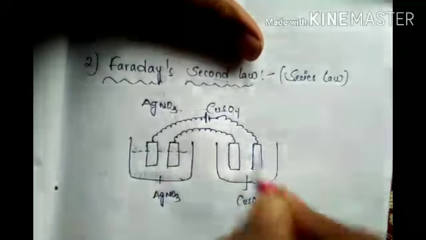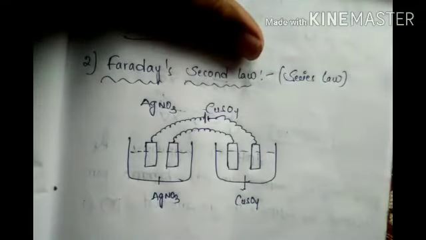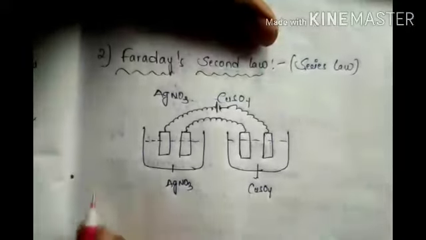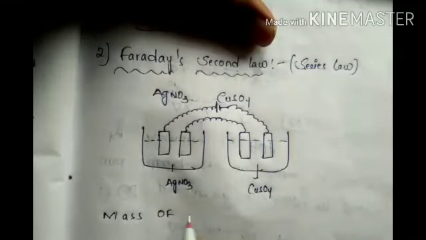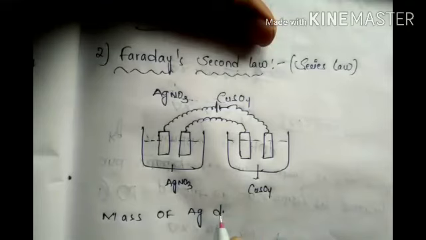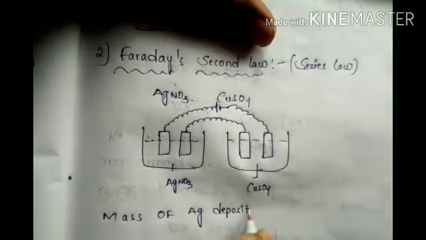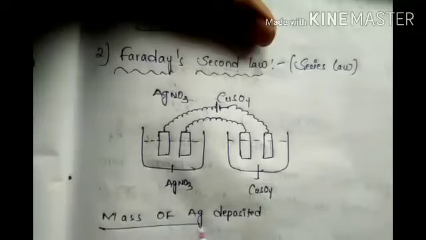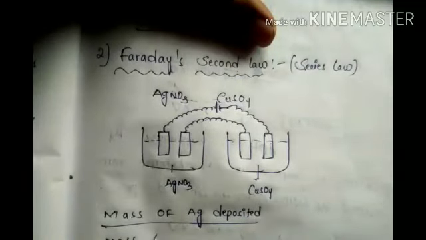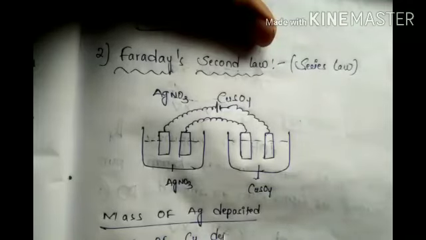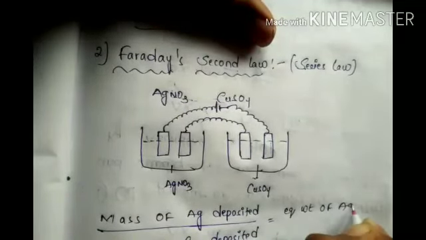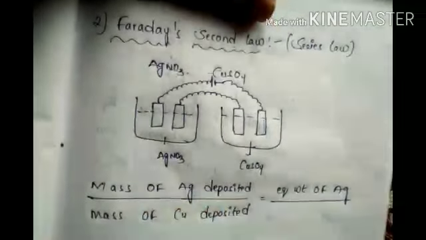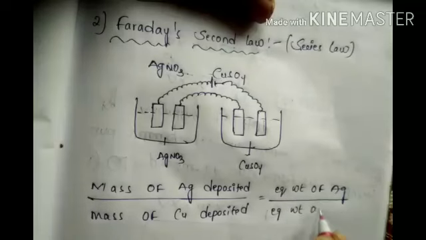So the AgNO3 solution we have taken. So here the formula: the mass of Ag deposited by the mass of Cu deposited is equal to the equivalent weight of Ag by the equivalent weight of Cu.